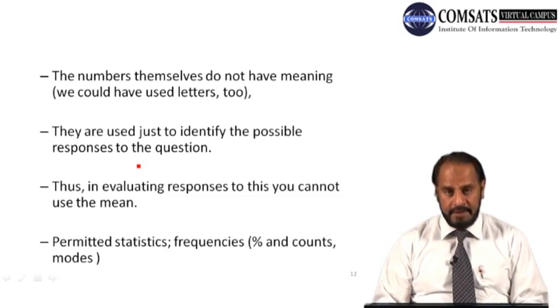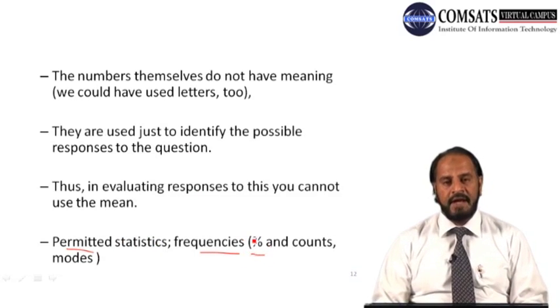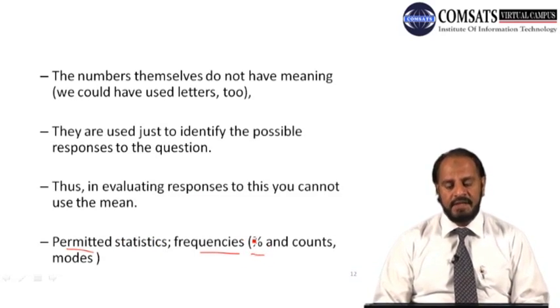So we are trying to see where respondents generally lie and how they are answering, and the sort of analysis we can do is frequencies: how many answered A, B, C, D, how many percent are in the A category, the B category, the C or D category.